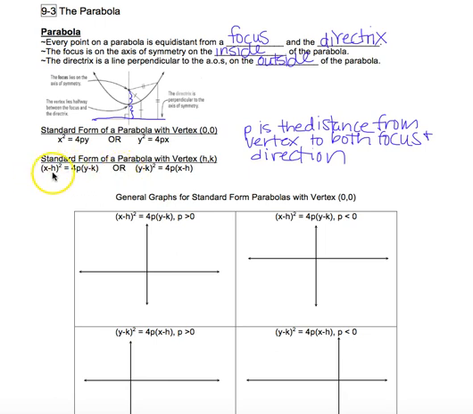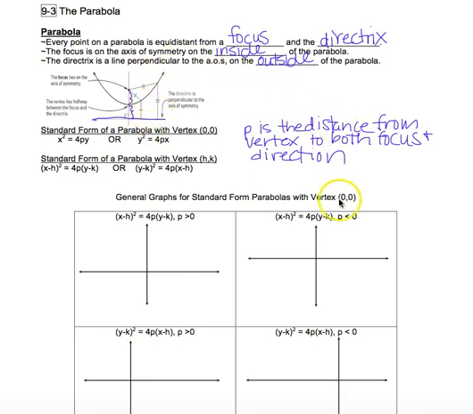So if the x is squared, then it's inside the squared. If the x is not squared, then it's still over here with the x. So oftentimes I get people who just don't pay attention and look really quick, and they always take whatever's over on the left side and make that h, take whatever's on the right side and make that k. You want to make sure you avoid that common mistake.